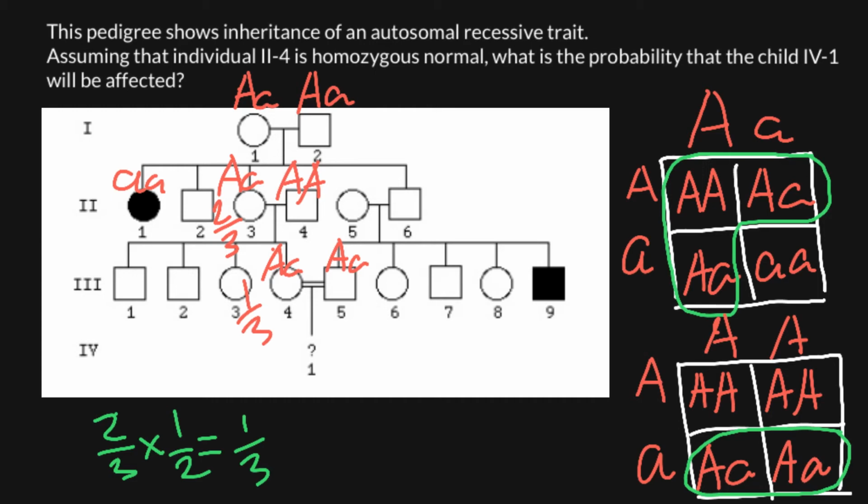Now we have to find the probability for this male to be also heterozygous. This time we have to start from these parents and not from the grandparents, because if we look at the children of this family, we find that one child is affected, with genotype small a small a.